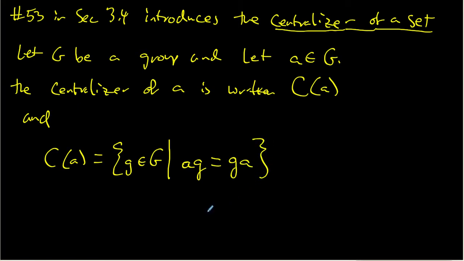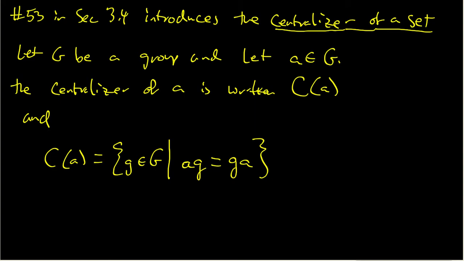Now, centralizers are different than centers, and it's got to do with the order of the quantifiers. To get into the centralizer, you have to have a specific A specified, and you commute with that particular A. To say something is inside the center means you commute with everybody. And that's actually something that's probably worth writing down on its own.